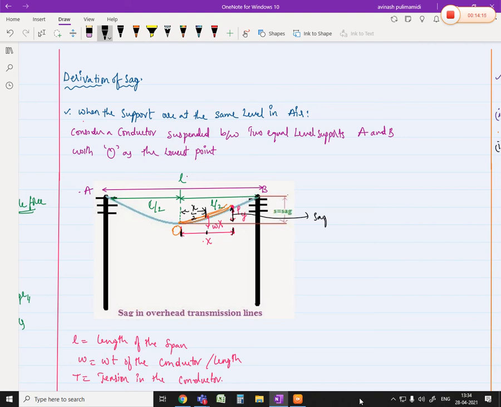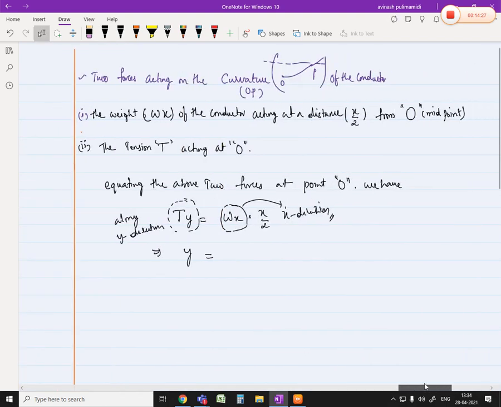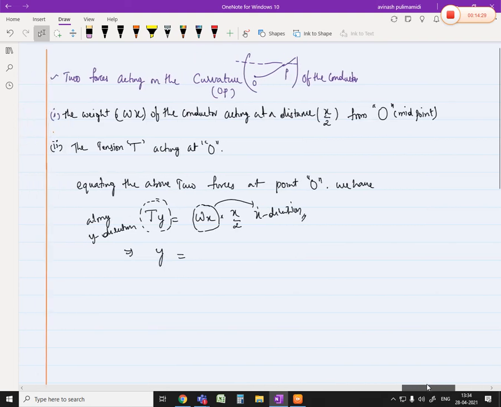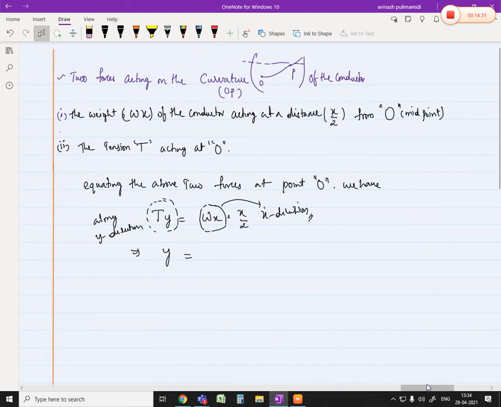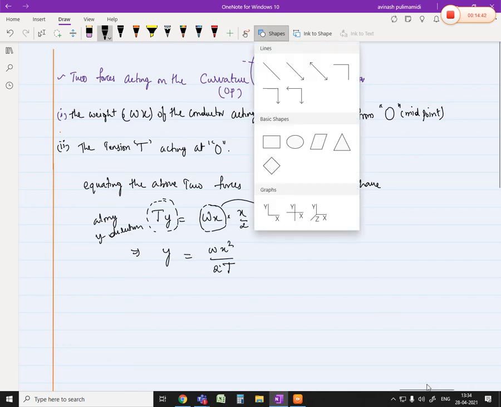This is the maximum sag. So thereby y is equal to w into x square by 2 into t. Okay, remember this formula.